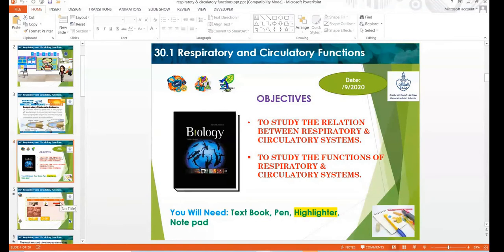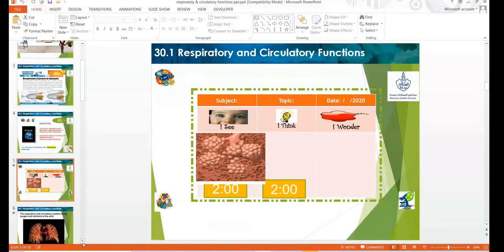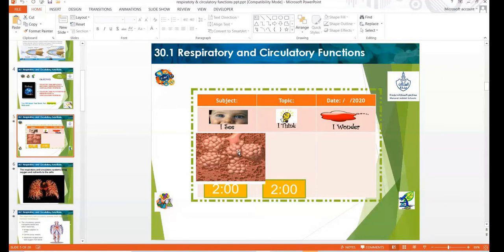Okay, so before we move on, let's do a KWL. What can you see in this picture here? Girls? What are the organs with which we breathe? Which are our respiratory organs? Hello. What are our respiratory organs known as?